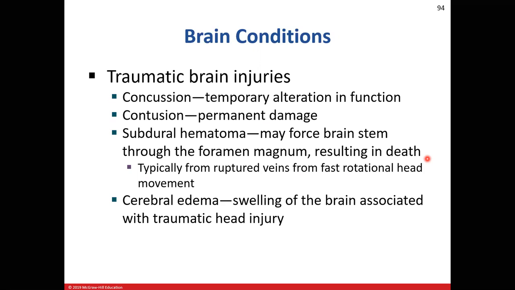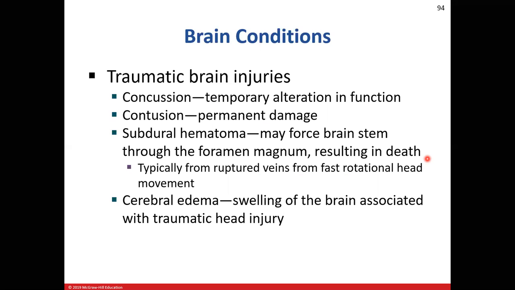Well, when you look at the skull, there's really only one way for it to go, and that's towards the foramen magnum. And so if a subdural hematoma gets big enough, it can actually force the brain stem towards the foramen magnum, try to force it through, and actually result in death. This is typically from ruptured veins, from some sort of fast rotational head type of movement.